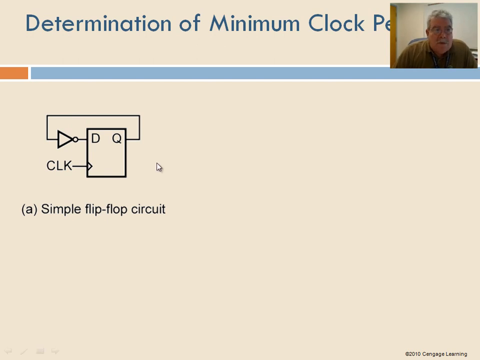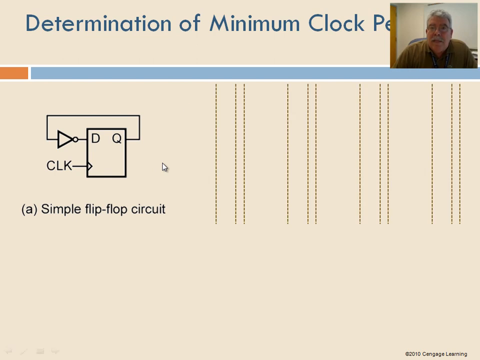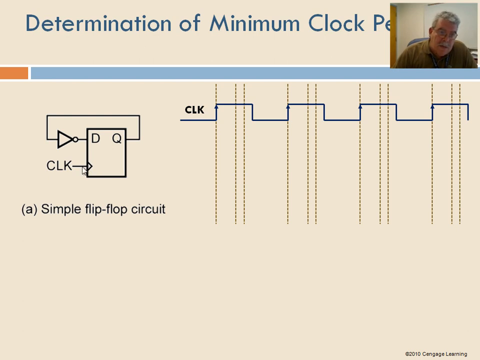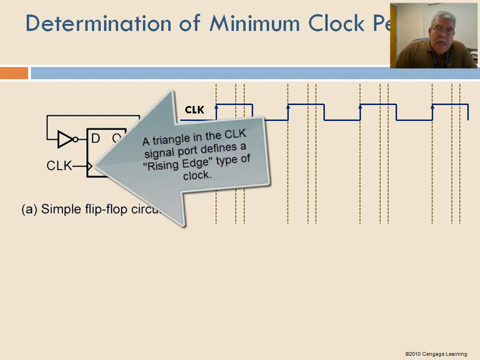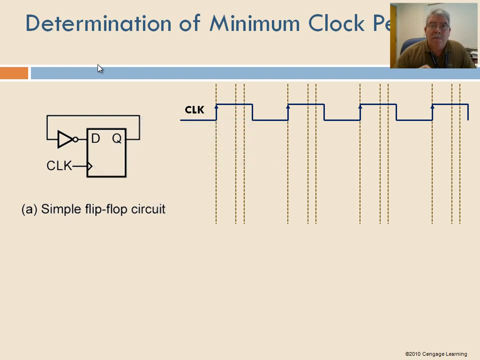So in other words, imagine that this is the clock. We're considering the rising edge type of clock or flip-flop. Of course, this is given because of this triangle here, remember? And whenever the clock changes, the first immediate change will be felt in the output. So the output will change based on what?